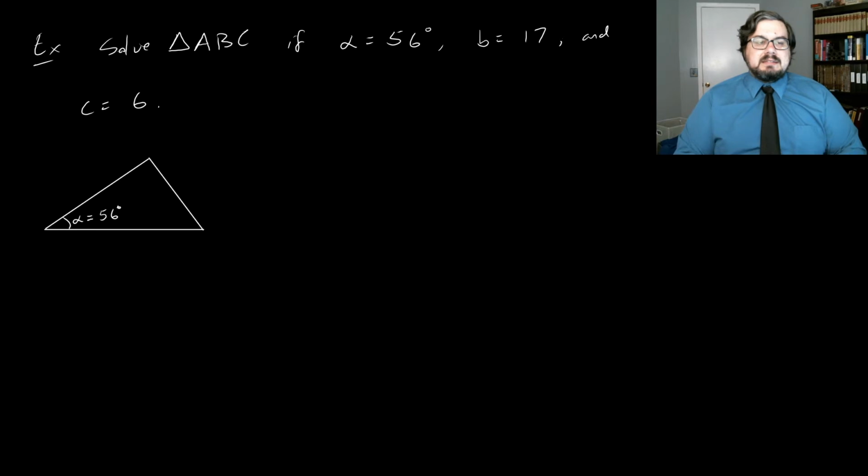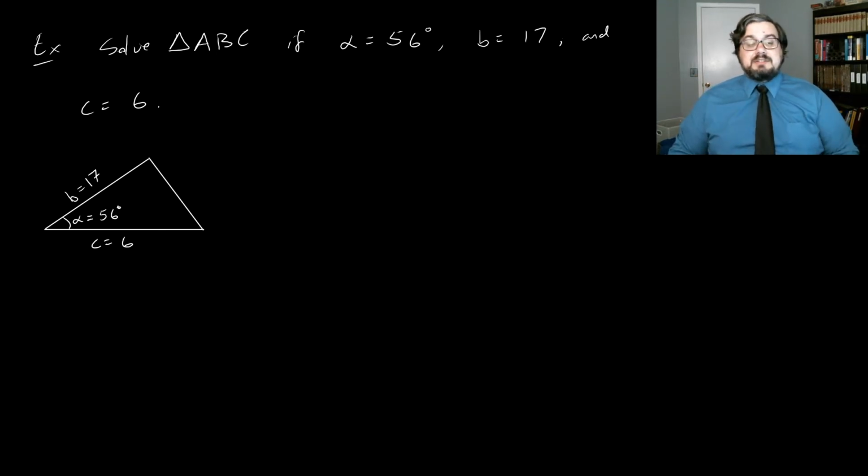And now B and C are the two sides on either side of the angle alpha that are adjacent to it. And so in particular, we are not given any information that we can use the law of sines on.